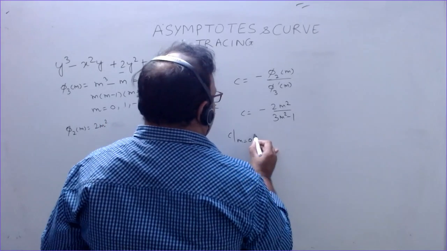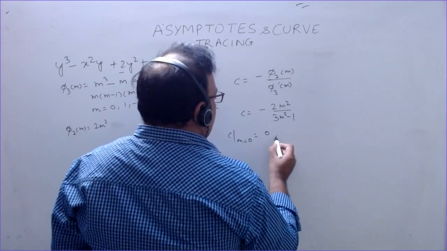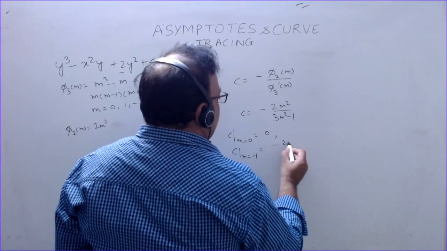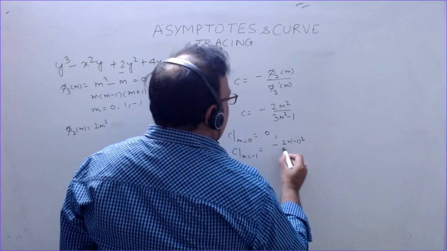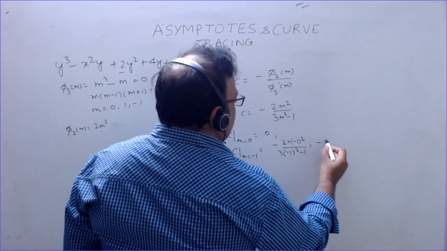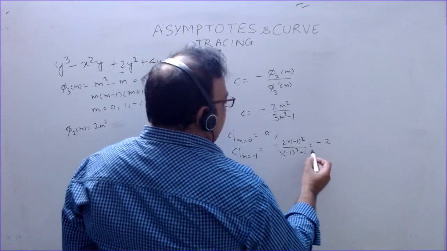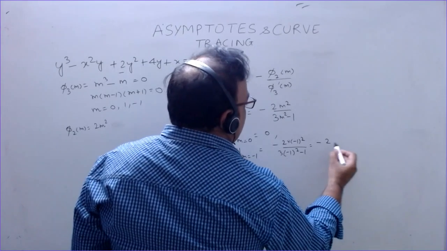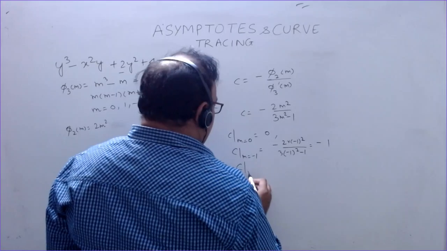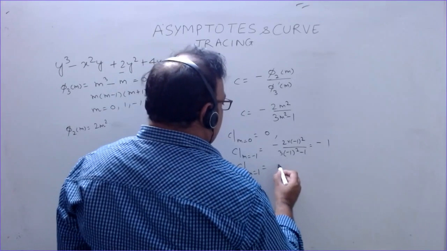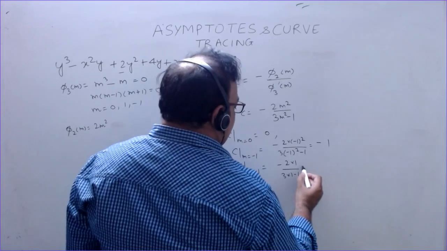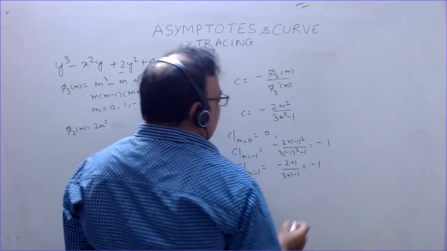For m equal to 0, c is 0. For m equal to minus 1, c is minus 2 into minus 1 whole squared upon 3 minus 1, which is minus 2 divided by 2, so this is minus 1. And for m equal to 1, c is minus 2 into 1 divided by 3 into 1 minus 1, which is minus 2 by 2, that is minus 1.